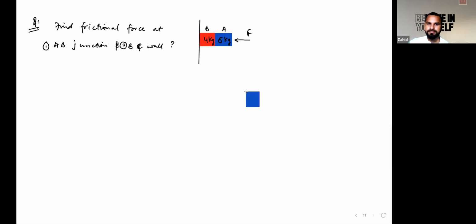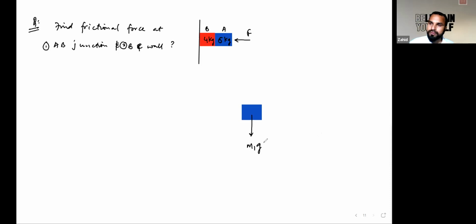Let's say this particular block has mass 6 kg. First of all, try to define its FBD. It must be experiencing a downward force due to its mass, or you'll say due to gravity.